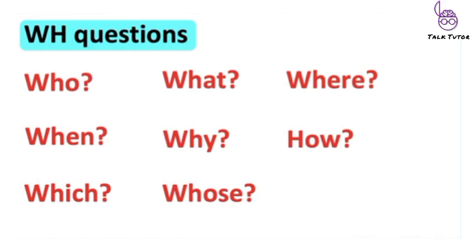How is used when we want to know about the way or the manner in which something is done. Which is used to ask about choice or to ask for specific information. Whose is used to ask about possession. The question words always come at the beginning of the sentence.